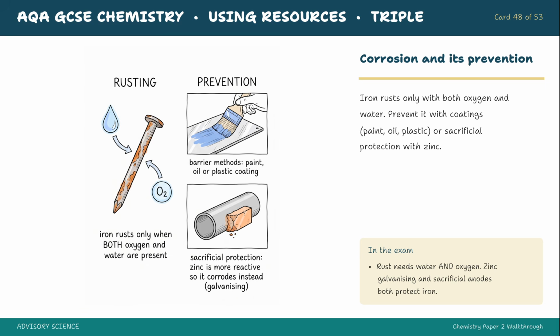One is to use a barrier to keep out air and water, such as painting, oiling, greasing, or coating of plastic. The other is sacrificial protection, where a more reactive metal, like zinc or magnesium, is attached to the iron. It corrodes instead of the iron, sacrificing itself to protect it.